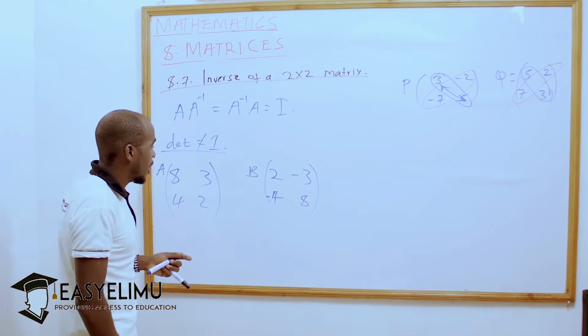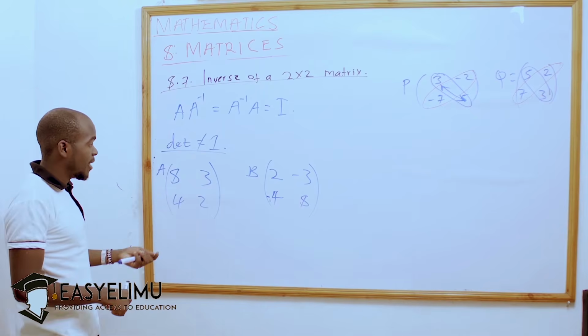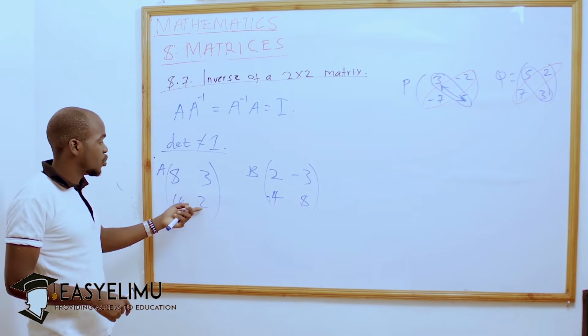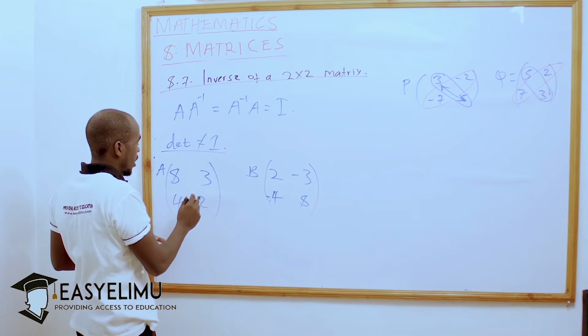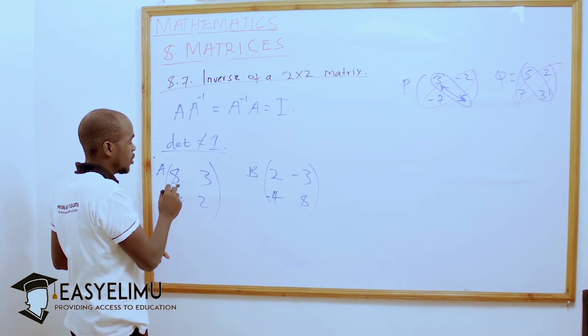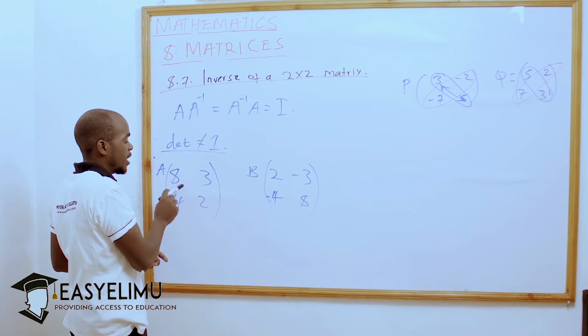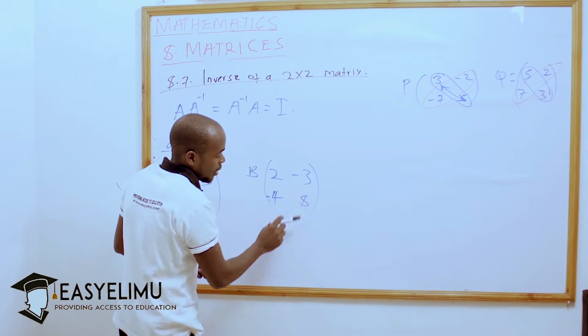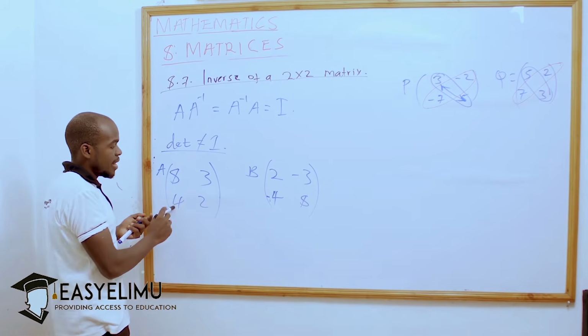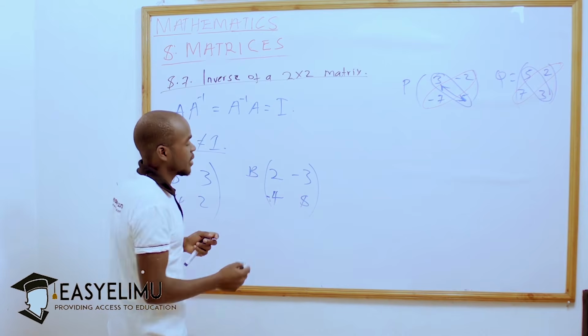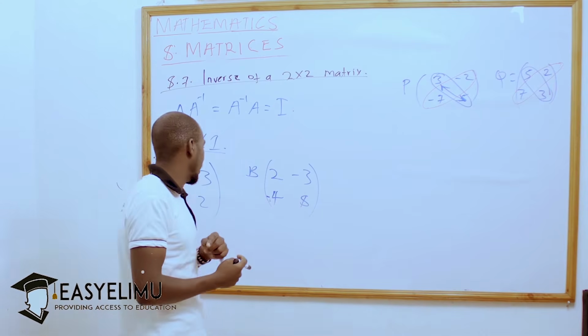For the case here, we can easily tell that 8 and 2 have been interchanged, in that 2 has been moved to top left and 8 to bottom right. And in the other diagonal, we see that it is negative 3, negative 4.